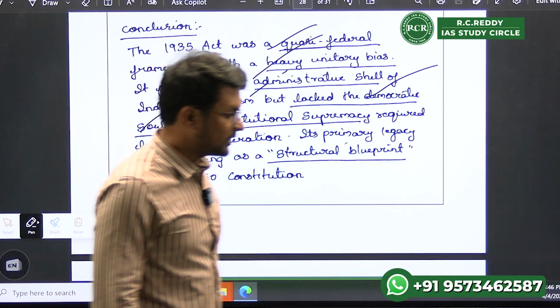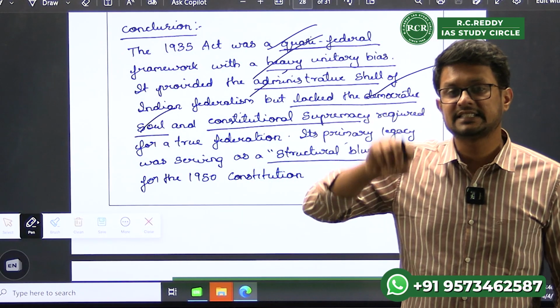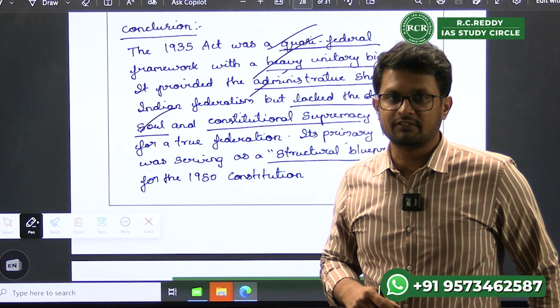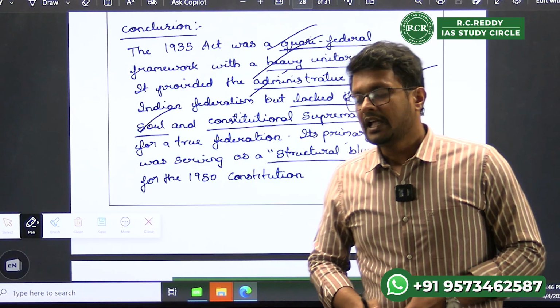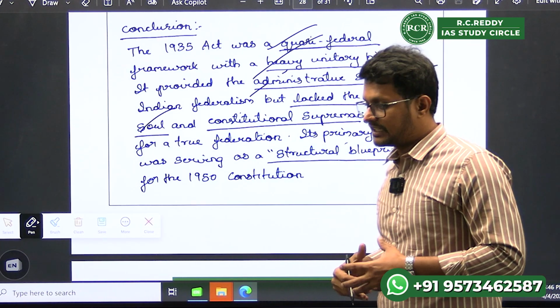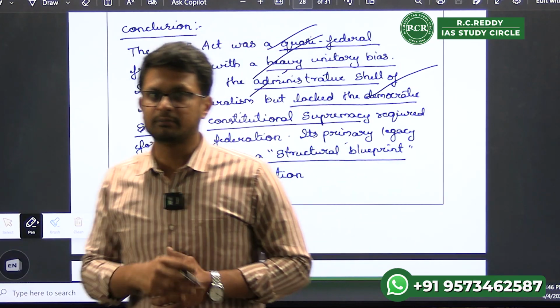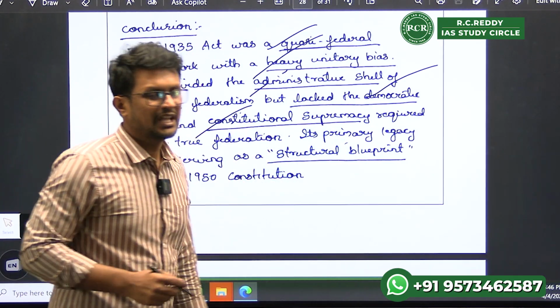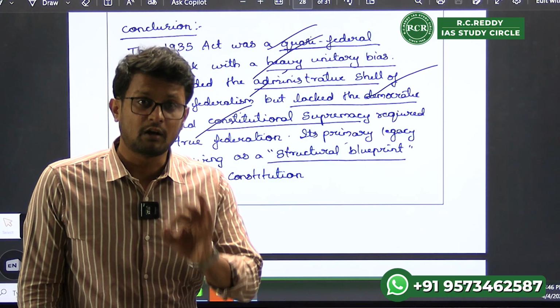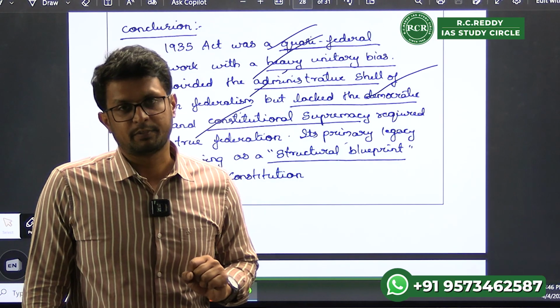Because, as you remember, the formation of the 1935 Act itself happened without consultation with the public. Since it happened without the consultation of the public, it did not have a democratic bias. And also it lacked constitutional supremacy because it was just formed by a law and the British Parliament was supreme.